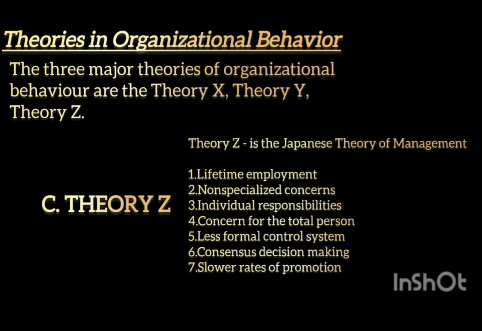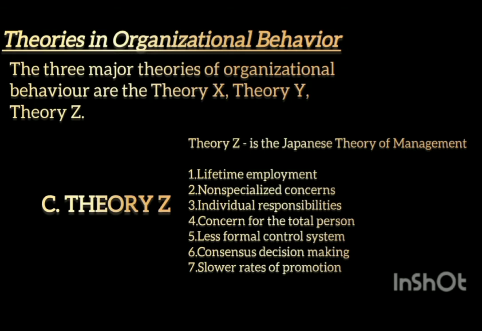Theory Z has fallen out of favor in many organizations, especially since the performance of the Japanese economy flattened off in the 1990s. However, many of its principles are now seen to be just good business practice. Theory Z is compared with Theory X and Theory Y, two similarly named management models.